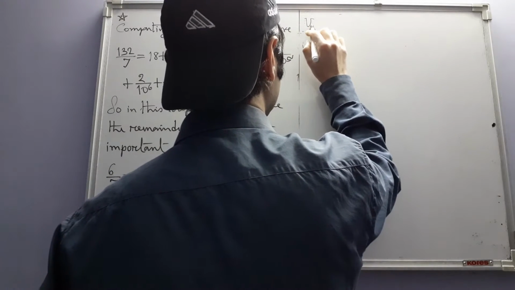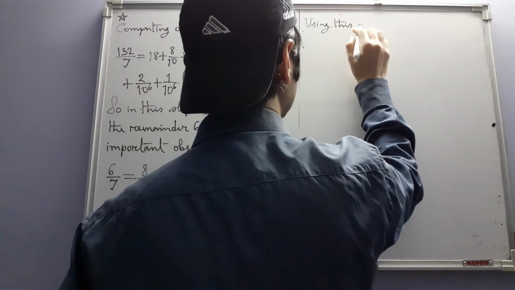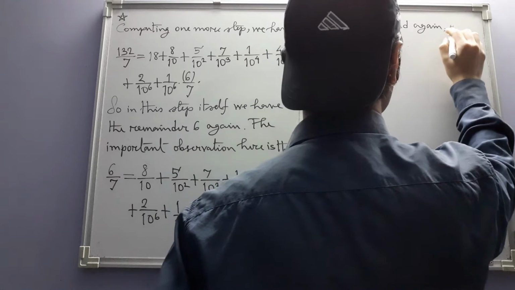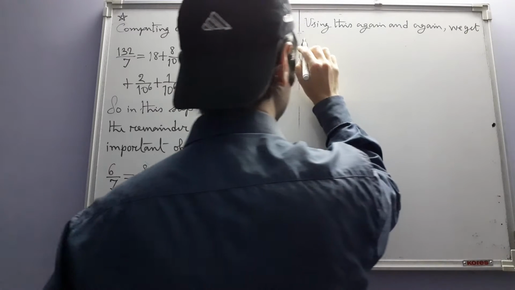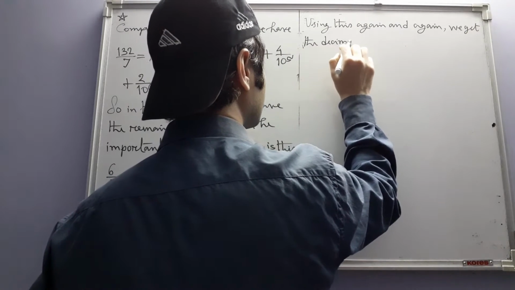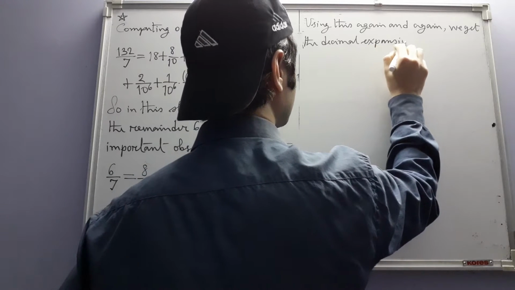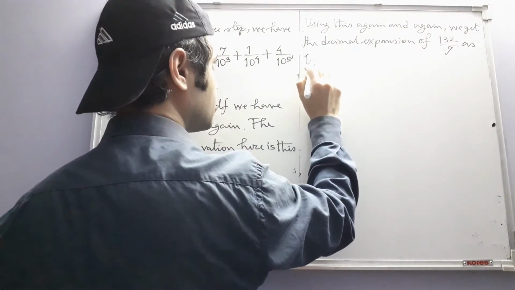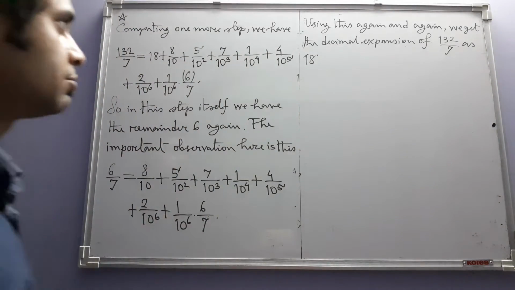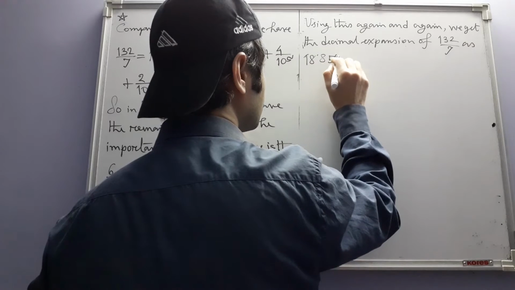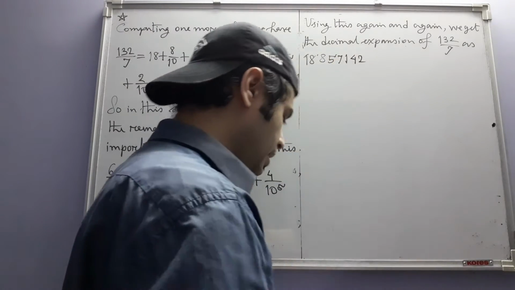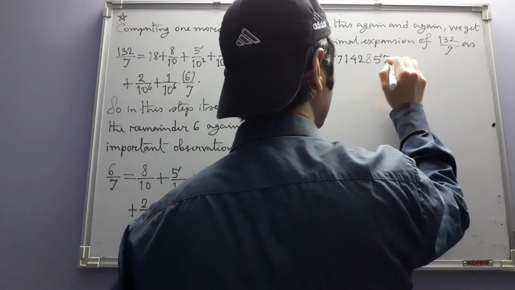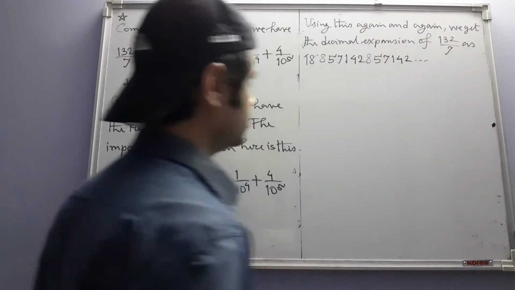So using this again and again, we get this: 18.857142, then again 857142, and then again that, and it goes on like this.